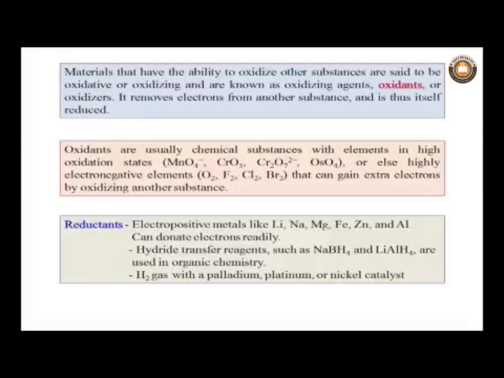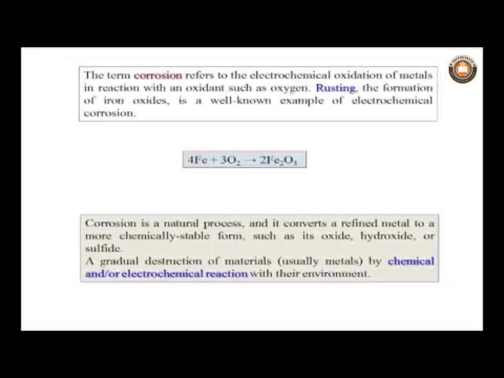So, activating H2 using palladium, platinum and nickel catalysts is useful, and the activated hydrogen atoms will be transferred, whether it is a reduction in organic chemistry or an electron transfer reaction.